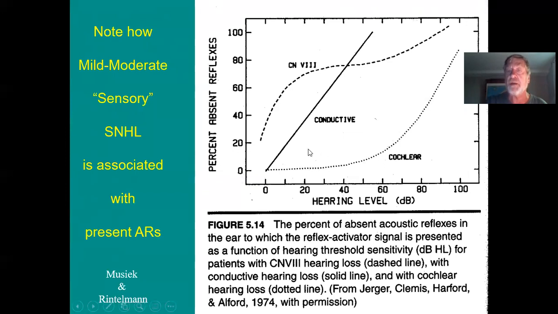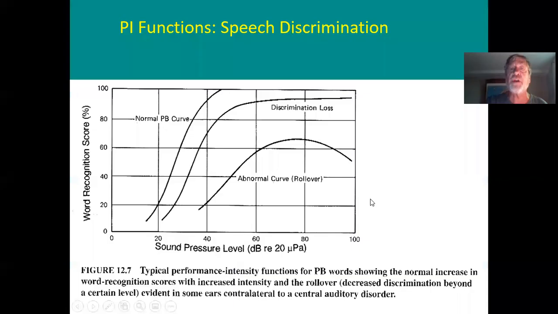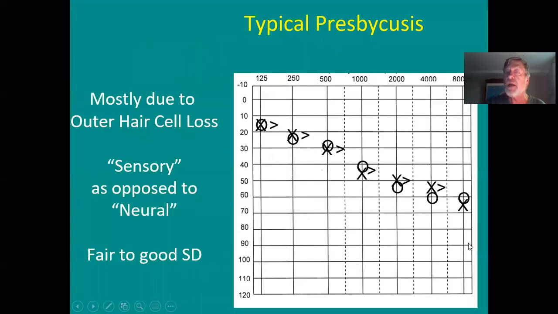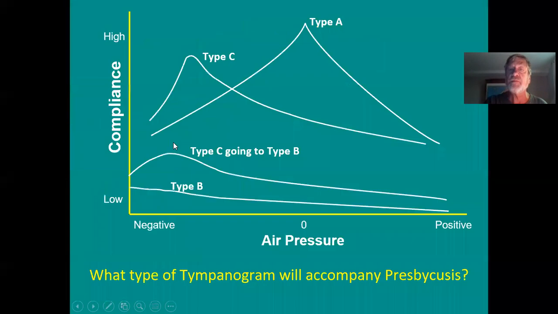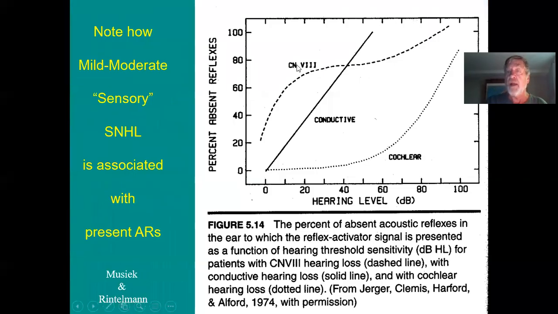Look what I'm circling here. It causes a 0 to 20 to 40 to 60 dB loss. The hearing loss that's shown here, mild to moderate, is sensory as opposed to neural, outer hair cell pathology as opposed to inner. And when you get beyond 60, now you've got inner hair cell pathology.